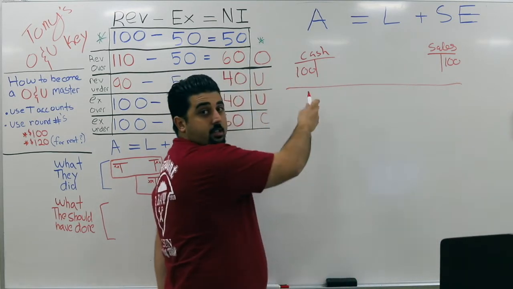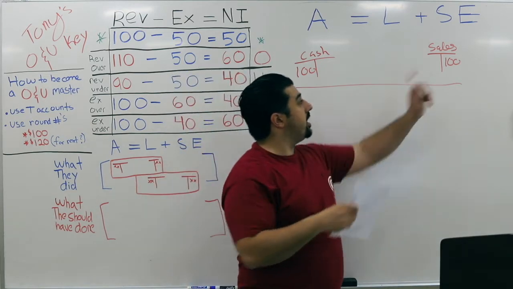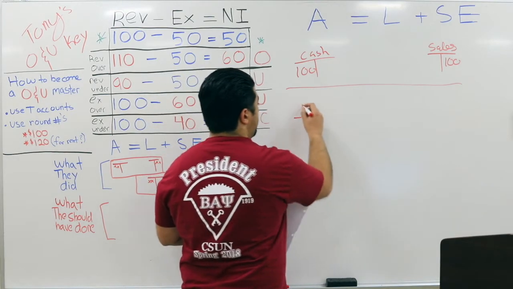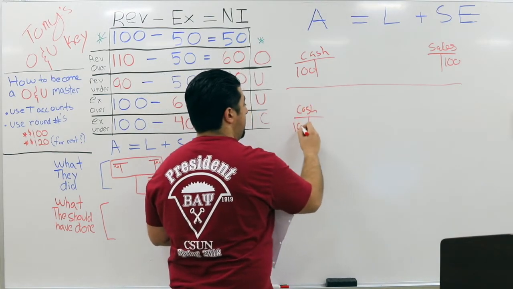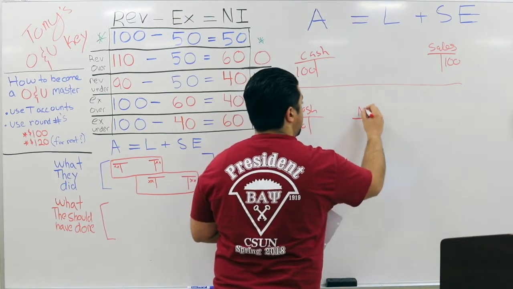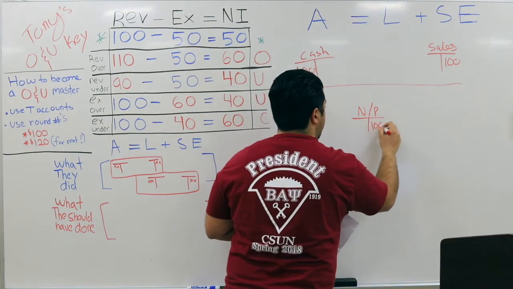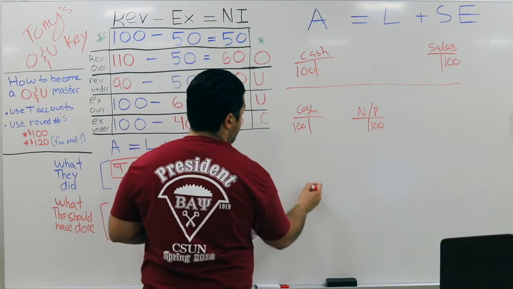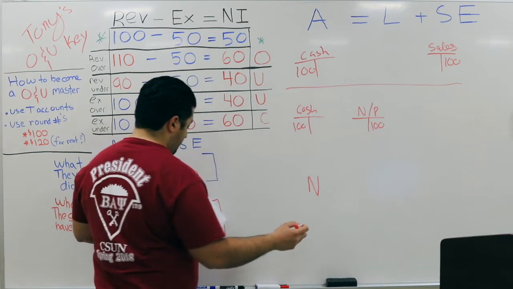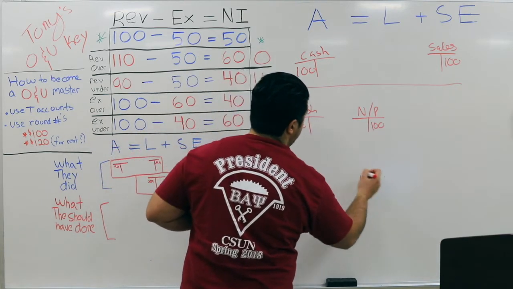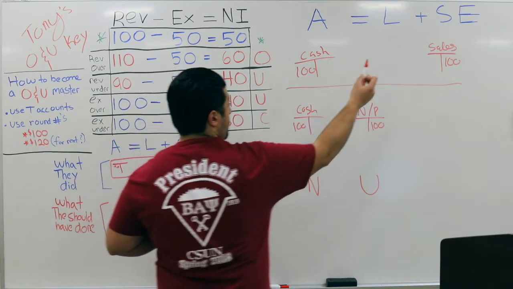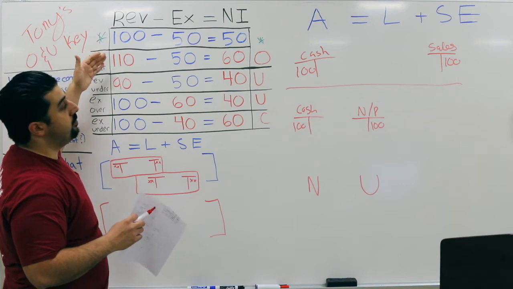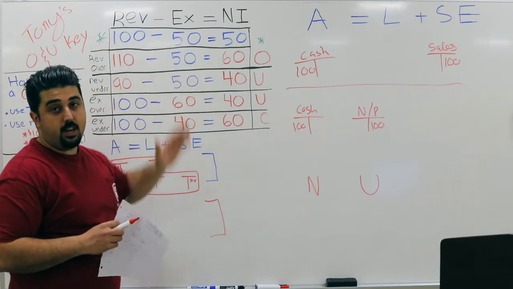Received cash and recorded it as sale. But this is what they should have done. Cash 100, notes payable of 100. So the assets, no effect. Liability understated. We recorded a sale, which we shouldn't have recorded a sale, overstating revenue, thus overstating net income.